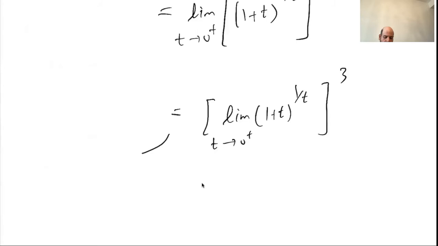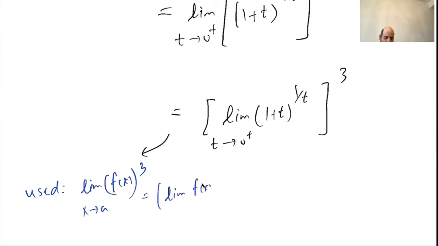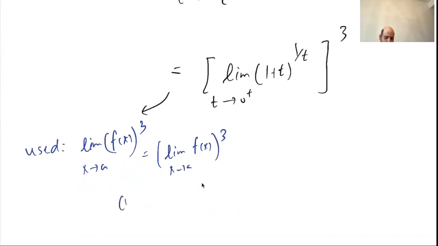Here we use the fact that the limit of f of x to the power 3, as x approaches a, is equal to the limit of f of x as x approaches a, to the power 3, if the limit of f of x as x approaches a exists.